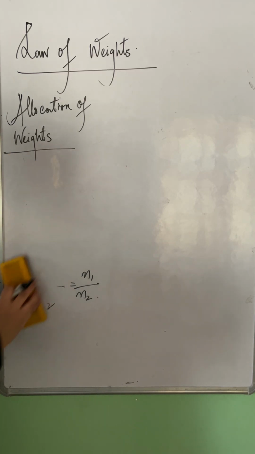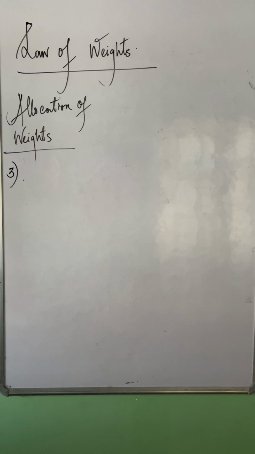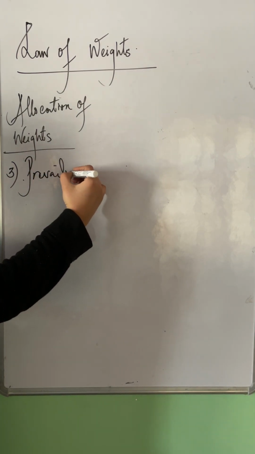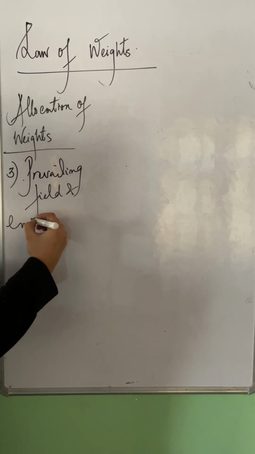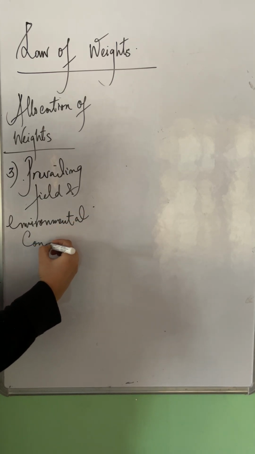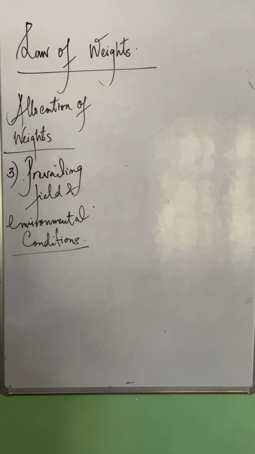Third way. The weights are allocated by personal judgment depending upon the prevailing field and environmental conditions. Then a surveyor, by his personal judgment, allocates certain weights to certain measured quantities.